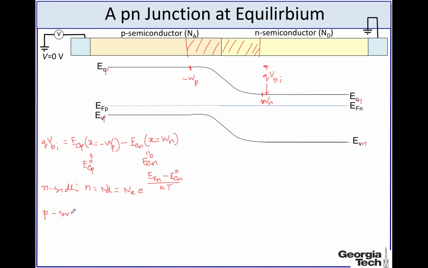And for the P side, what we have is p, and this is equal to Ni square over Na, and this will also be equal to Nc e power (EFP minus ECP0) over KT. Okay, so say this is 1, this is 2.